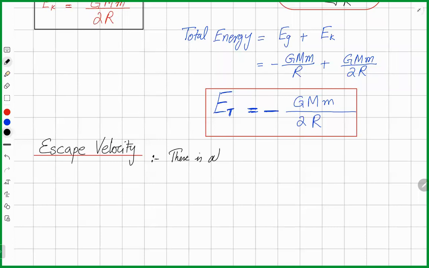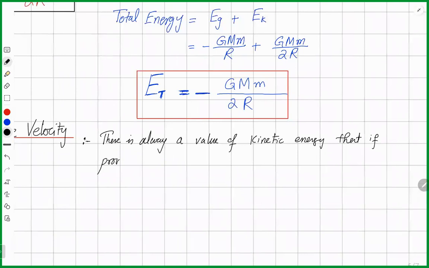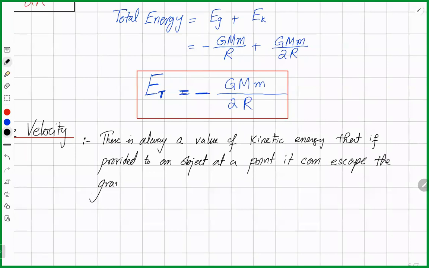There is always a value of kinetic energy that, if provided to an object at a point, it can escape the gravitational field it is in.